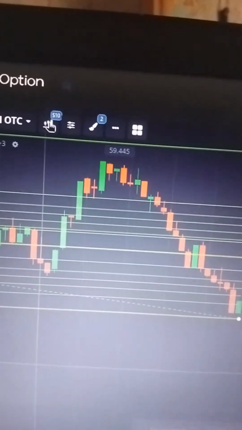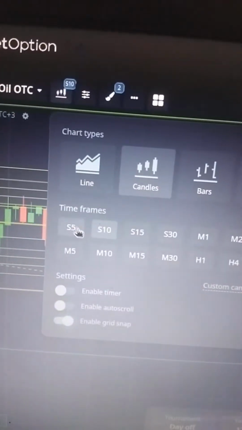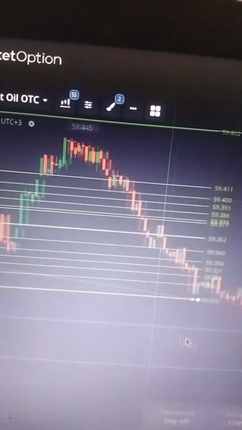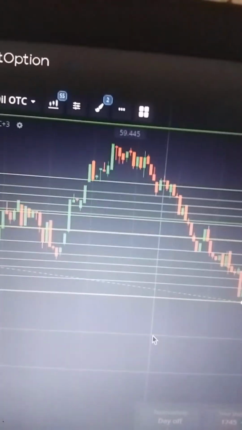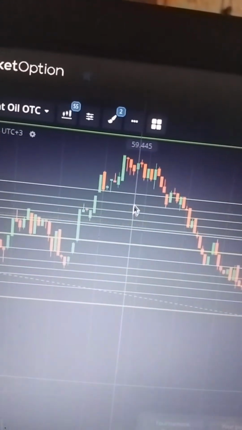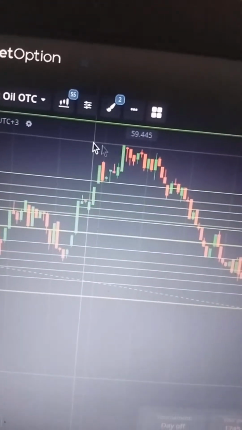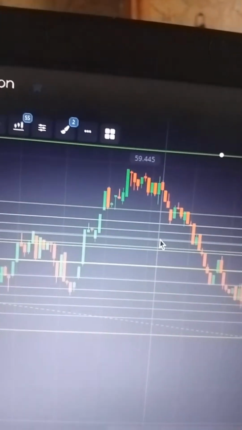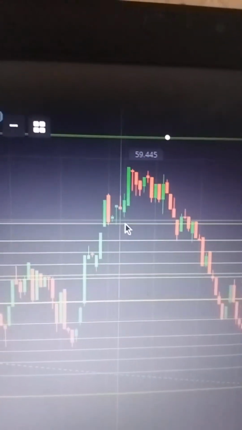Let's go to the 5 seconds. Of course, on the lower time frames, the lower you go, the more structures you would see, and you would be confused. So it is not advisable to go to very, very low time frames because you will be confused really. So there was a swing low, I see.